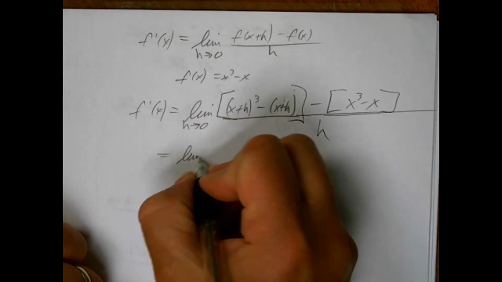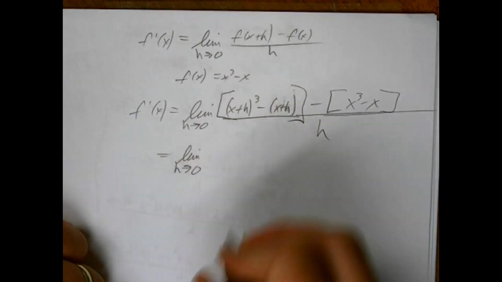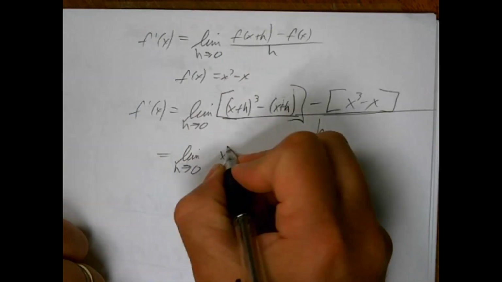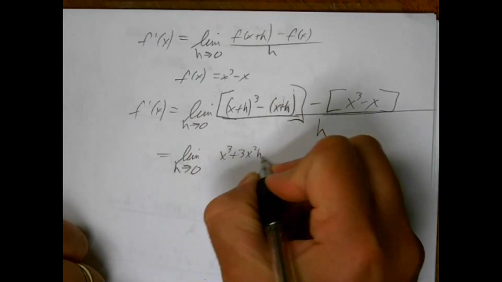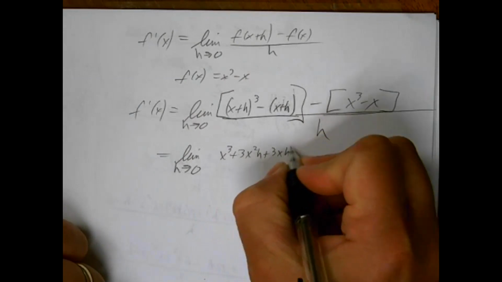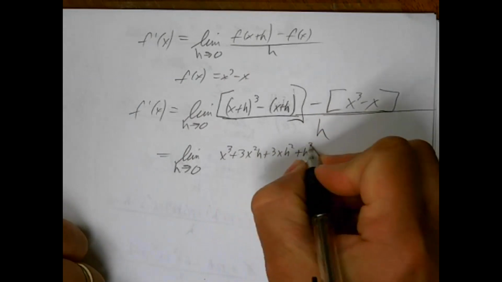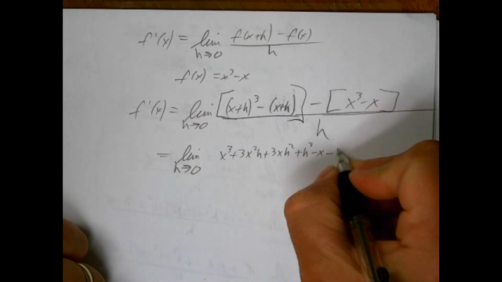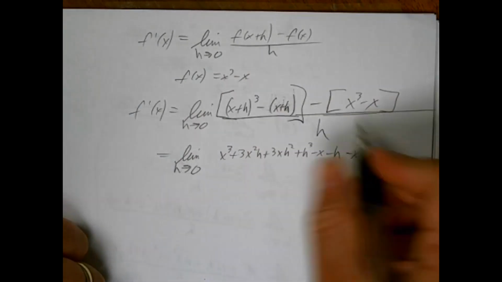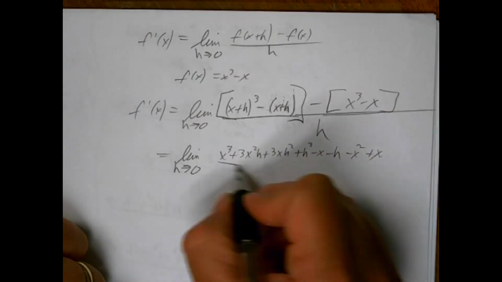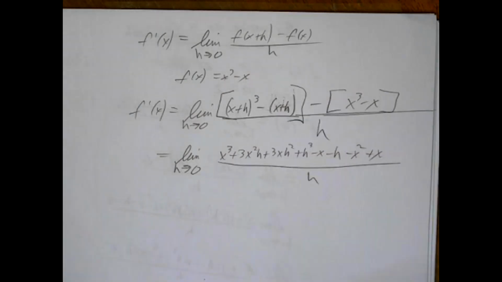So, time for the algebra. Cubing this gives x cubed plus 3x squared h plus 3x h squared plus h cubed. Minus an x, minus an h, that comes from here. Minus x cubed plus x, which comes from distributing the minus there, all sitting on top of h.